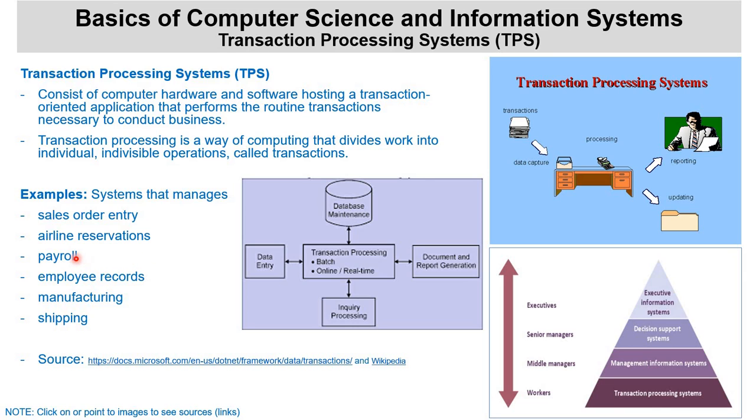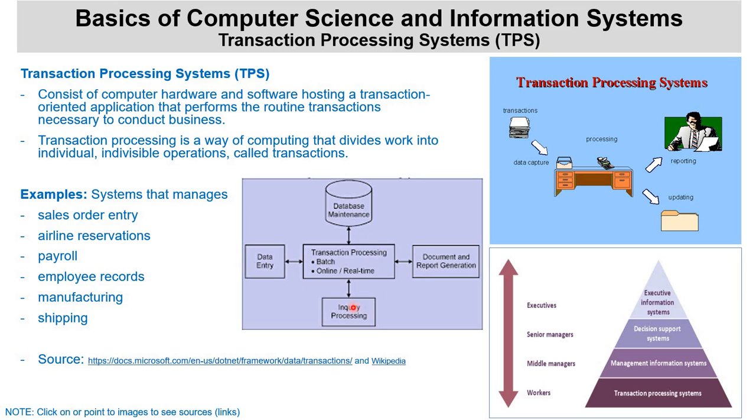Or for companies that do payrolling and keeping employee records, in manufacturing companies, showing how many batches of items are manufactured, how much they cost, or depending on what kind of information, even shipping information, and depending on what you want to store.